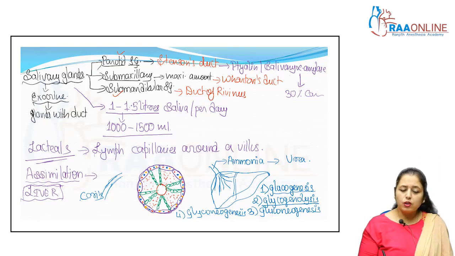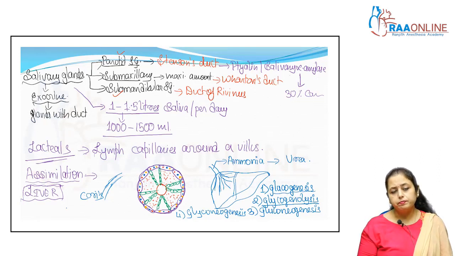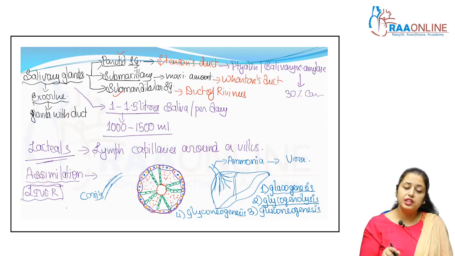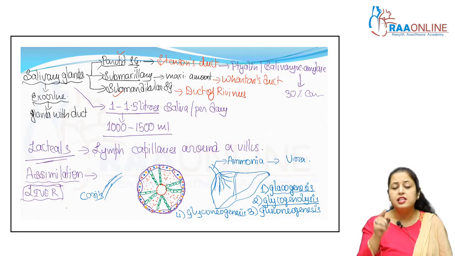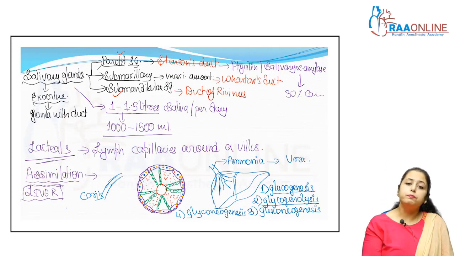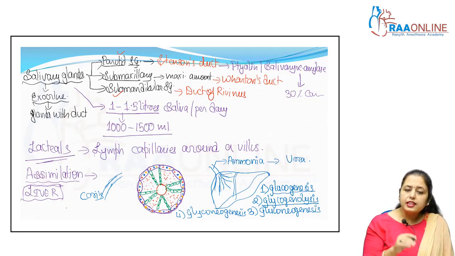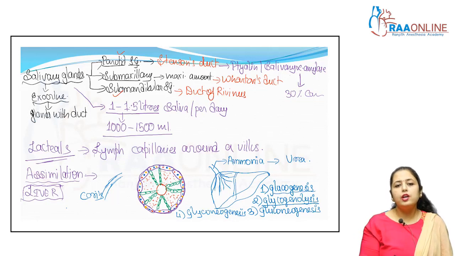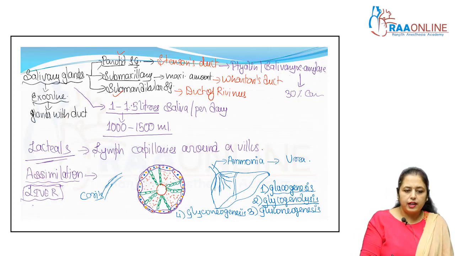So all these functions occur in the liver, along with a specific function related to the digestive system, that is the synthesis of bile, right. After that, the bile is stored in the gallbladder, which is the storage house of the bile.